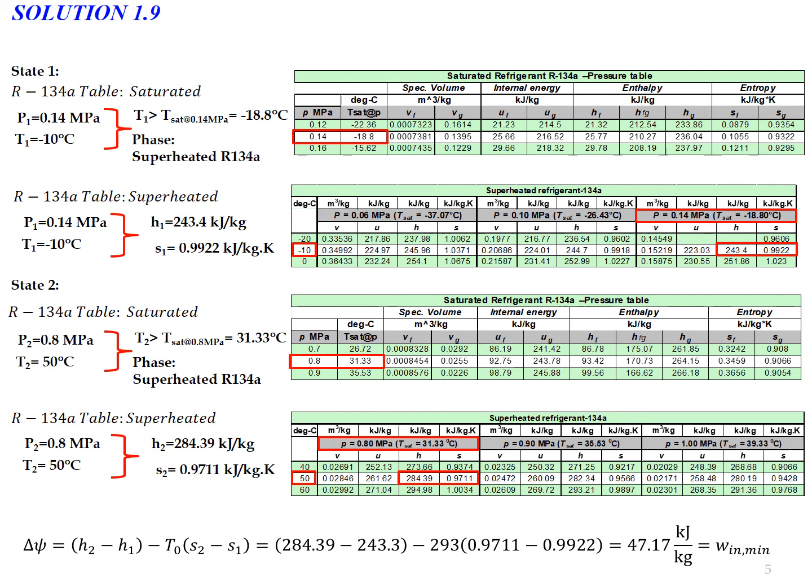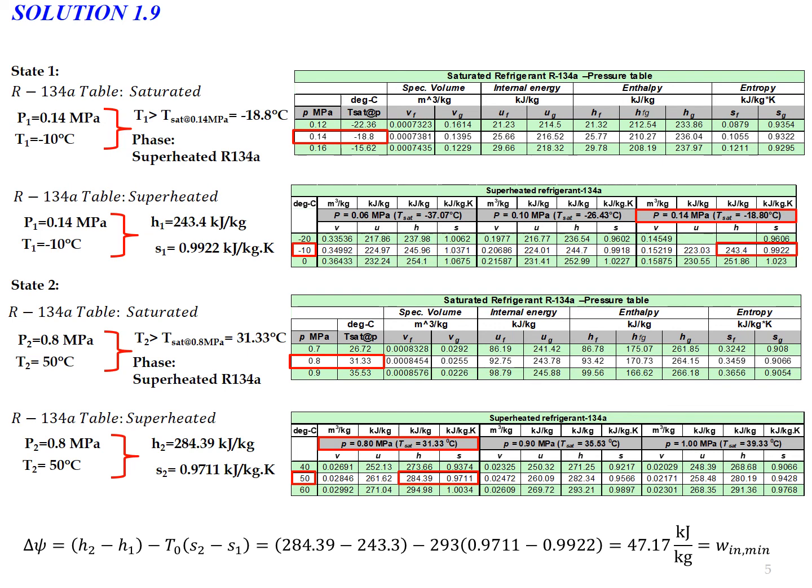Okay, so substitute all the data that we have, so you will get delta psi equal to 47.17 kilojoule per kg. So this is the value of exergy change per unit mass.